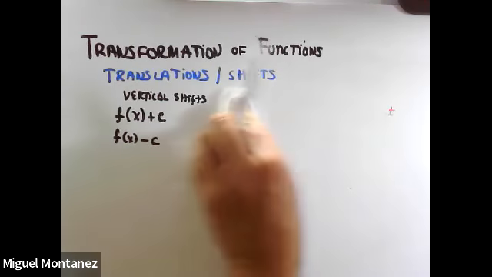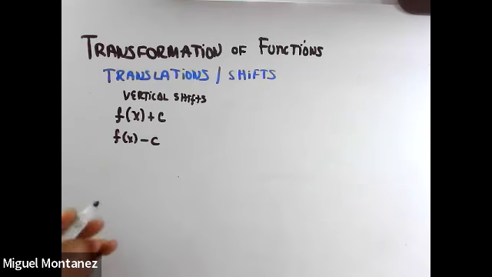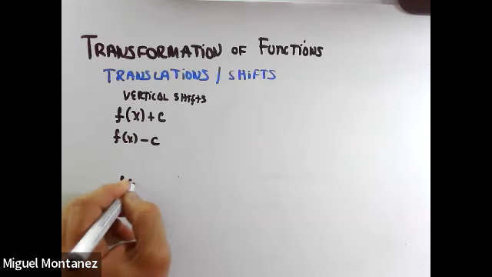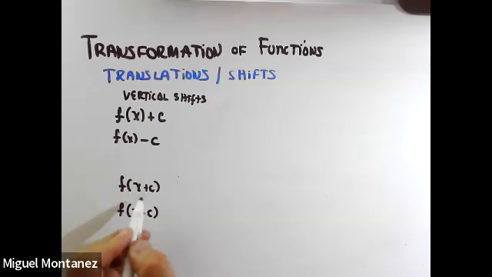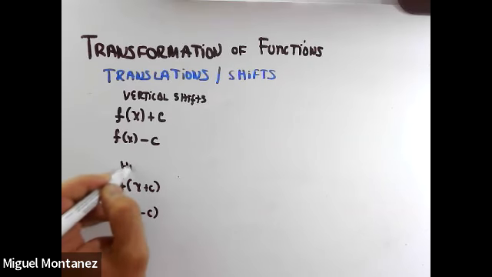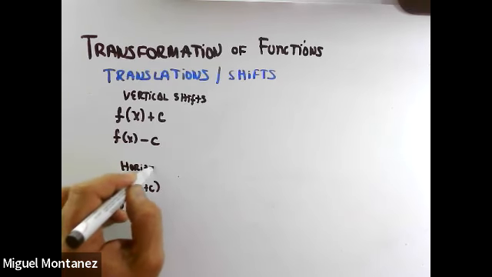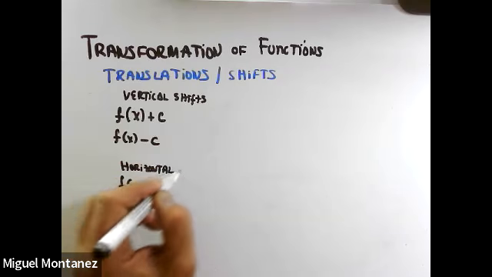Versus the other case, if I have f of x plus c versus f of x minus c, I'm adding or subtracting a number to the x. And of course, we know that the x is the horizontal. It's going to be a horizontal shift.